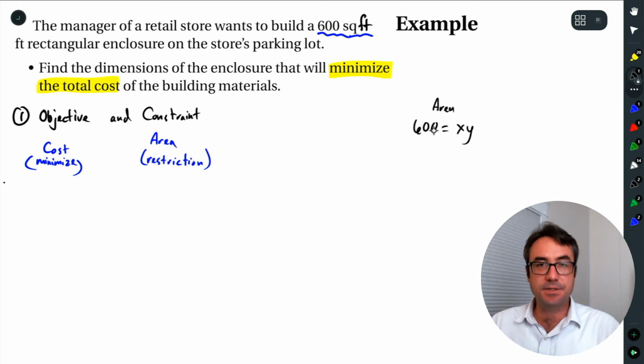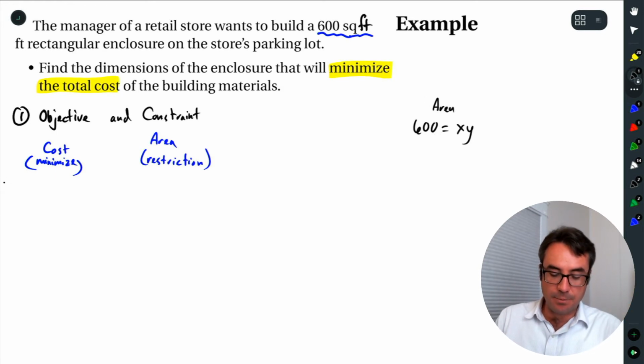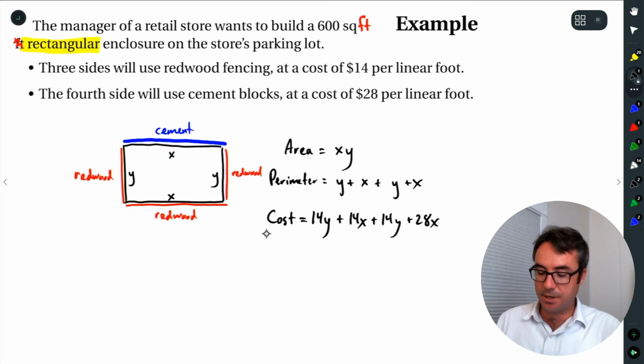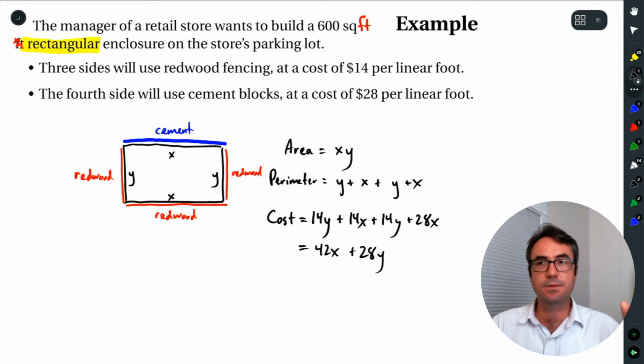Now that's the cost. We figured out how much it would cost to build everything. The cost is going to be 14y plus 14x plus 14y plus 28x. Let's clean that up. It would be 42x. I always like to put x's first. And then 28y. So that's our cost, and we want to minimize this.